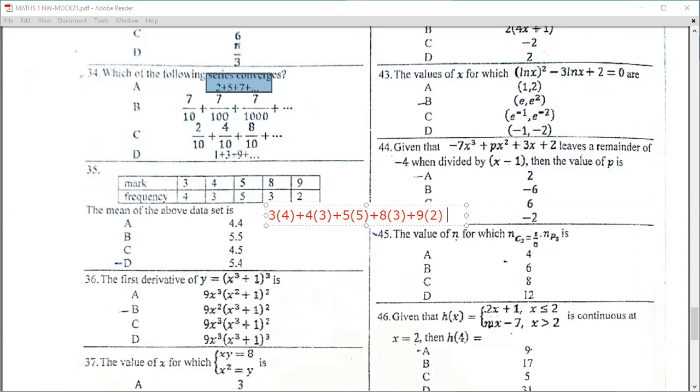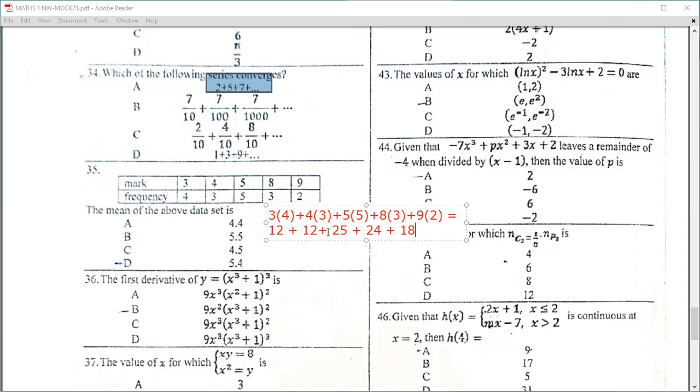And what value does this give us? 3 times 4 gives us 12, plus 12, plus 25, plus 8 times 3, 24, plus 9 times 2, 18.